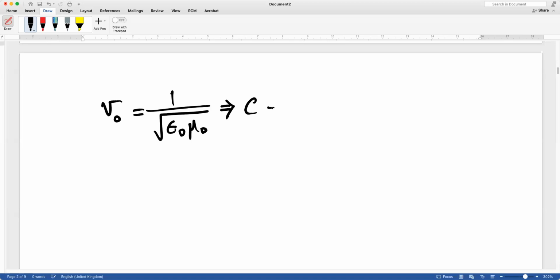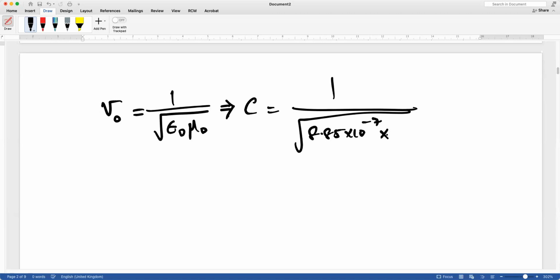So this is actually equal to 1 over, if you plug in the values, 8.85 into 10 to the power of minus 12. Sorry, minus 12. Okay. Good. And this will be 4 pi into 10 to the power of minus 7. Of course, if you put in the units, this will be farad per meter, and this will be Henry per meter.